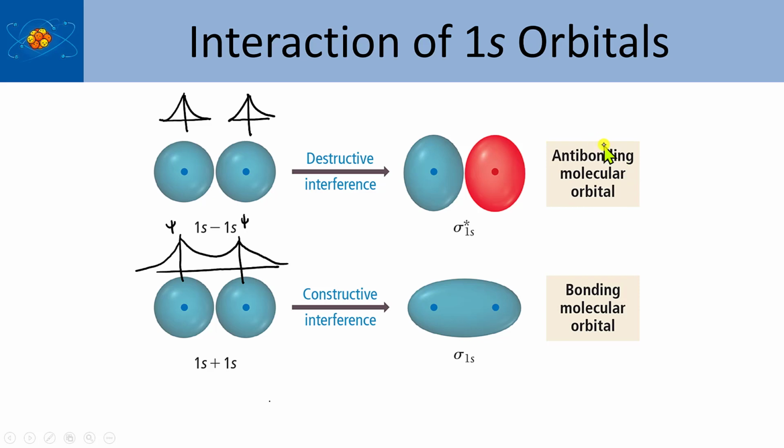If we think about where the electrons would be placed in an orbital like this, they're placed outside the internuclear axis, and because they're outside the internuclear axis, this is where all the positive charge is. So you're forcing the electrons out of that region. It's actually a higher energy situation than the bonding molecular orbital.